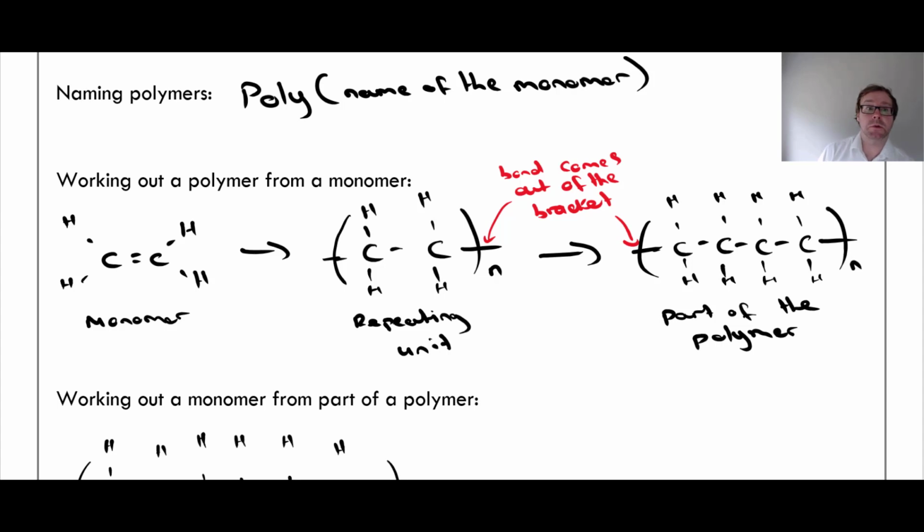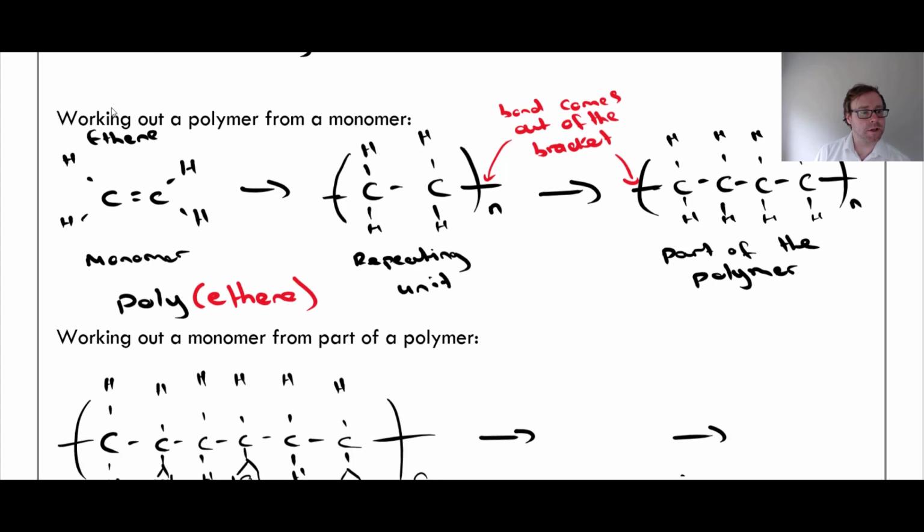Same thing here. If I was going to name this, well, naming polymers is just poly and the name of the monomer. So this would be called poly, and work out the name of this monomer. That's the molecule it's come from. It's ethene, so this would be polyethene. Simple.